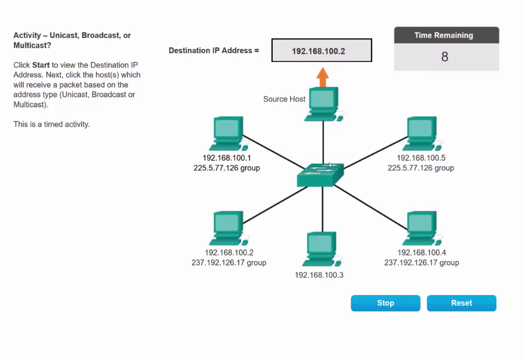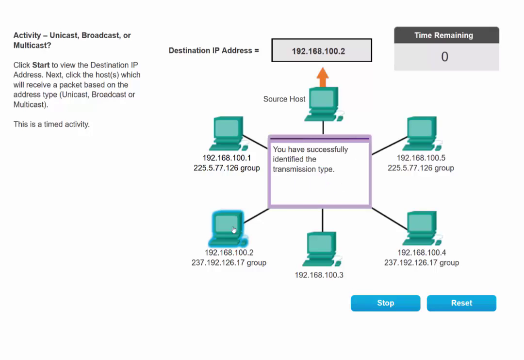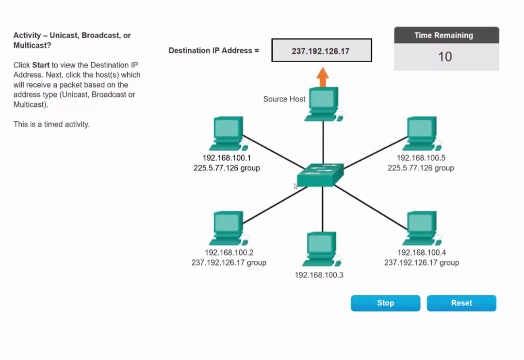That's also a unicast address, obviously, and that goes to this one. Let's see if that's correct. Correct. All right. In that case, this is a multicast group, and it's obviously this one. So that goes to this host and this host.